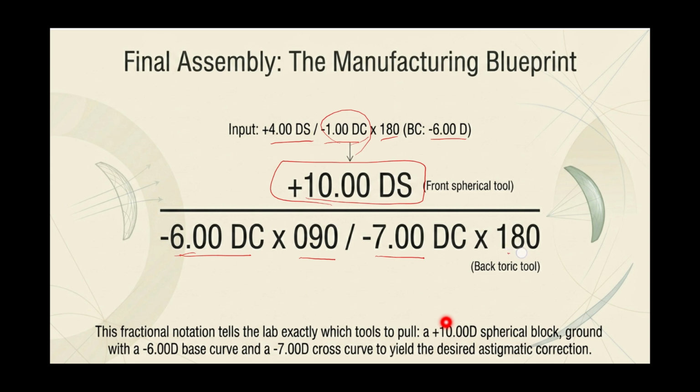So back toric will be 180 degrees. So this is the base curve, this is the cross curve. Okay, this is just the final assembly that we have tried to achieve by doing a toric transposition.